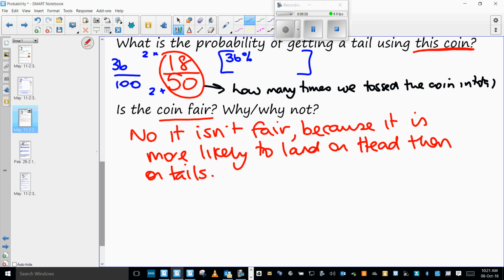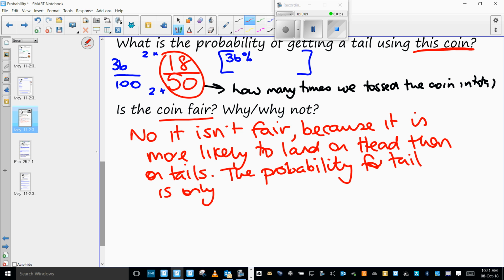The probability of tail is only 18 over 50, but head is 32 over 50.